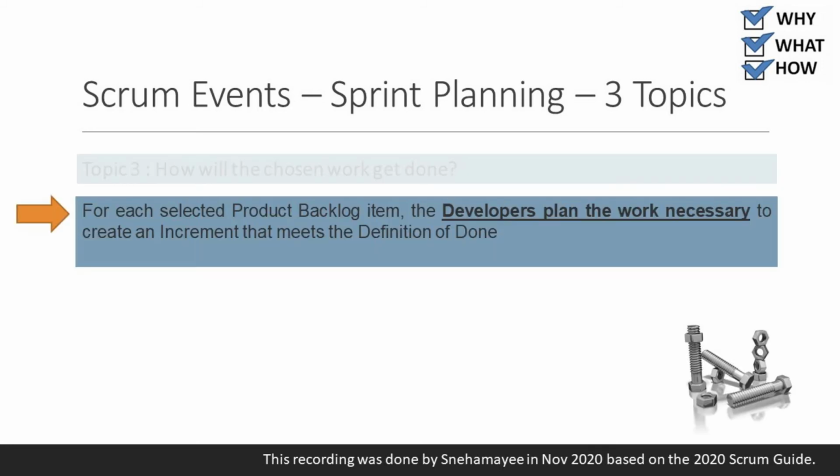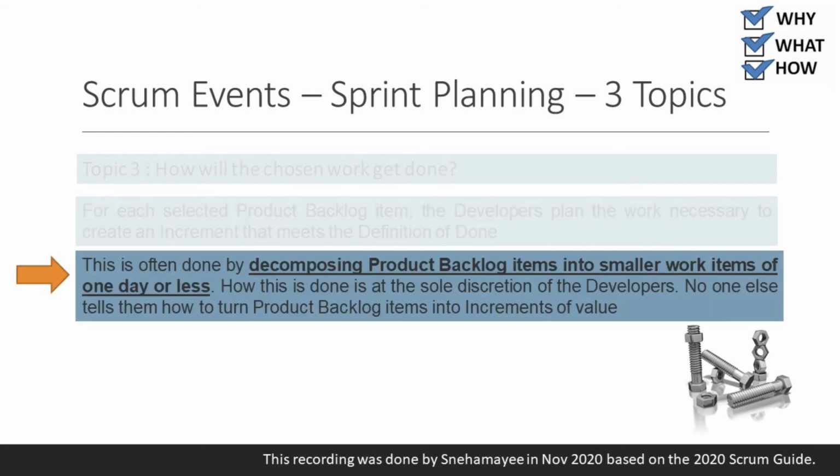For each selected product backlog item, the developers plan the work necessary to create an increment that meets the definition of done. This is often done by decomposing product backlog items into smaller work items of 1 day or less.